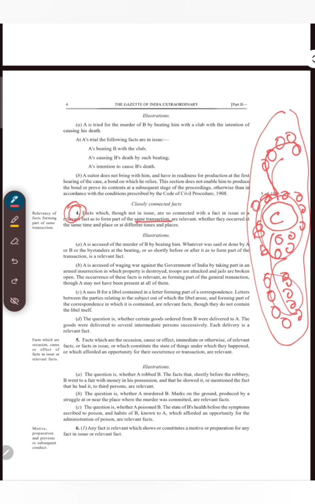This is called same transaction. So all these little facts will be relevant facts, and evidences will be allowed for proving or disproving all these facts. And section 6 is also called res gestae.